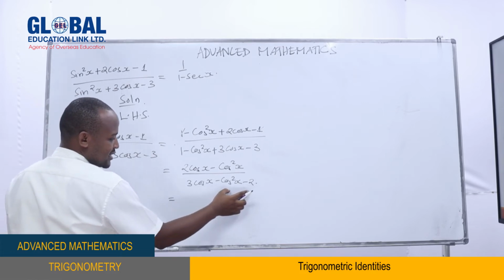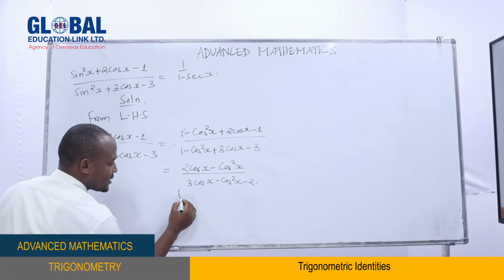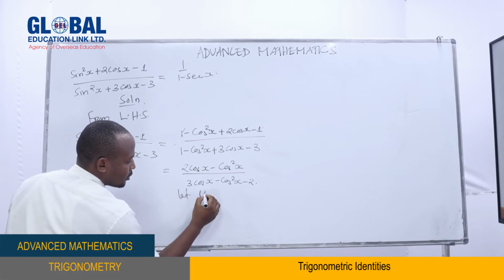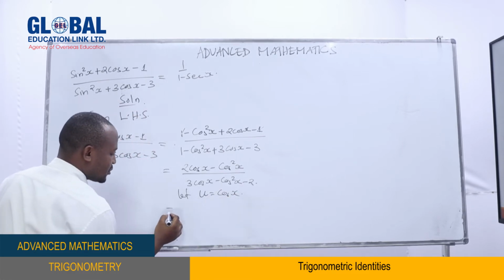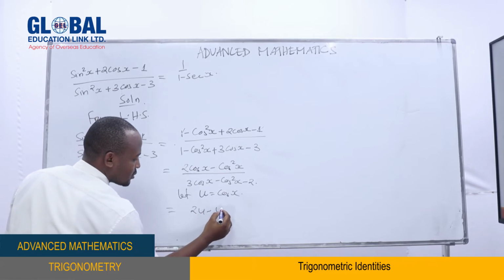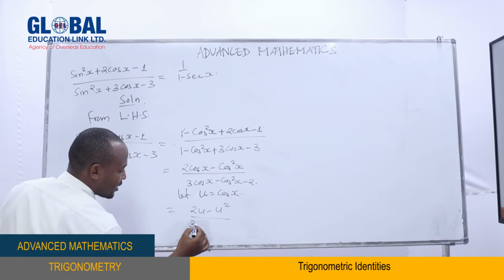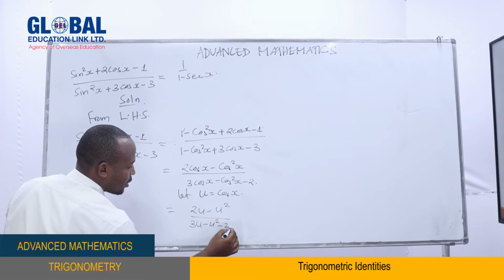If you try to look that much careful, let's say u equals cos of x. That means you will be left with 2u minus u square, then 3u minus u square minus 2.